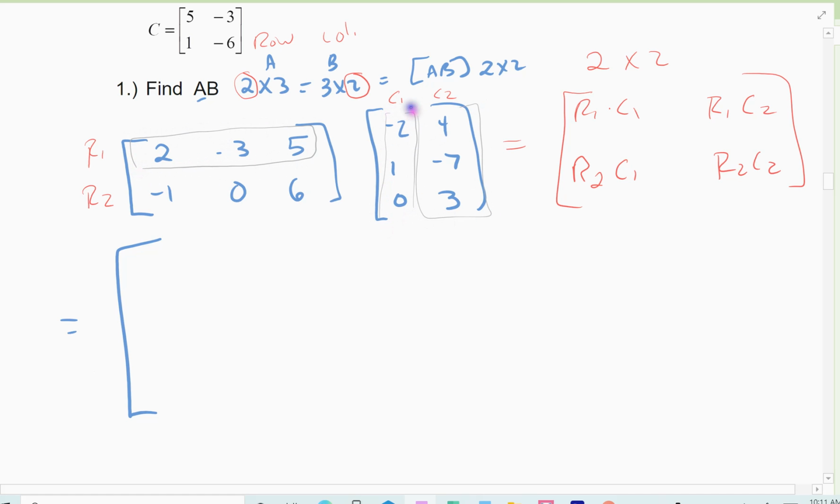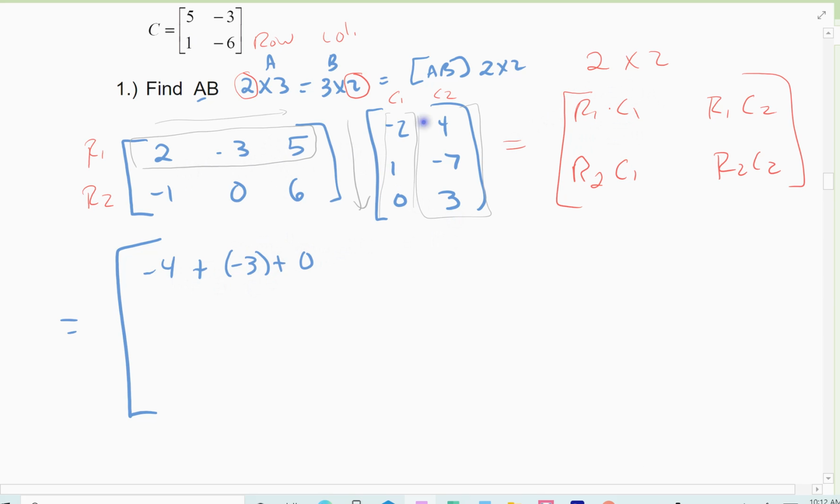My first row times column 1, left to right, top to bottom. So 2 multiplied by my negative 2, so I get negative 4. Then I add 3 times 1, so negative 3, and then add 5 times 0, which is just 0. That'll give me that first number, row 1, column 1, once I do the math.